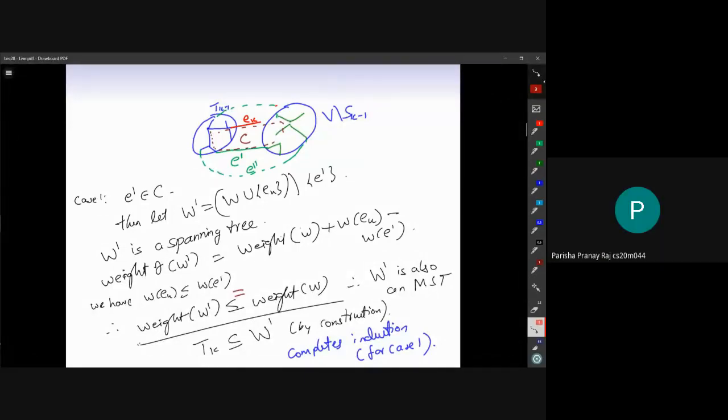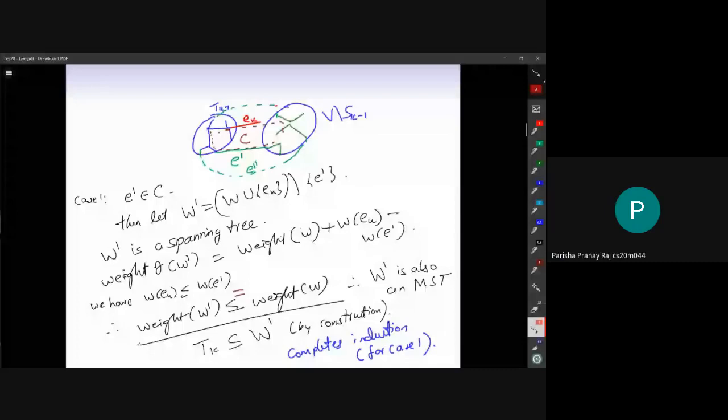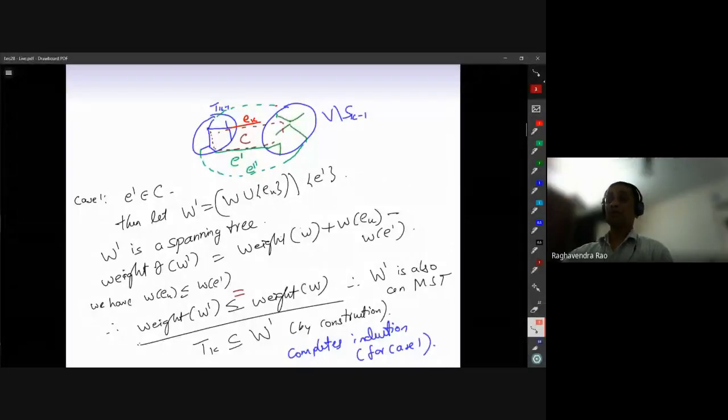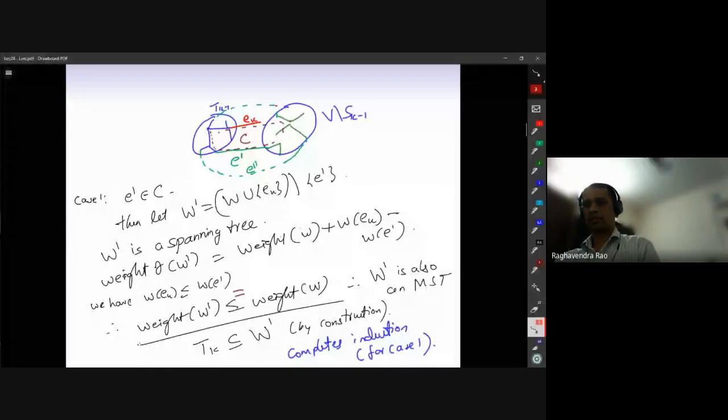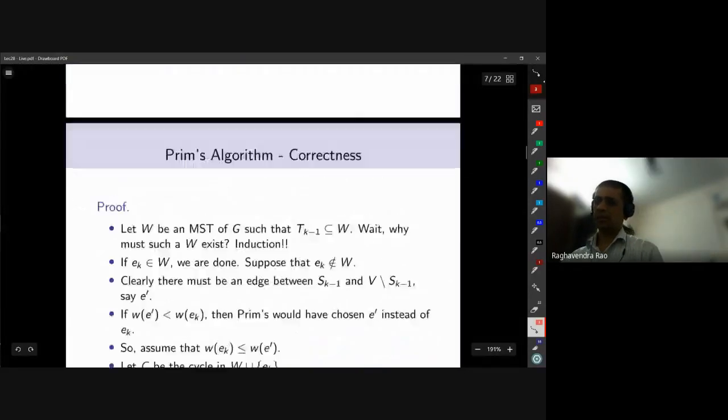Sir, all the graphs that we are considering are connected, right, in Prim's algorithm? Yes. Okay, so I'm not understanding why V minus Sk minus 1 is not connected in W. In W, if you just look at the green edges and only these vertices, maybe I can give an example.